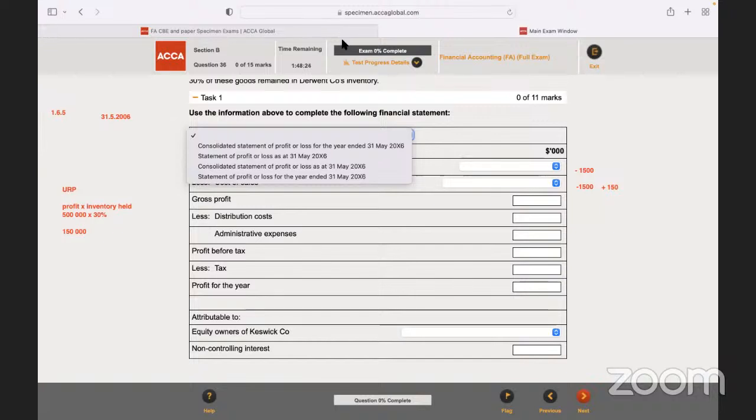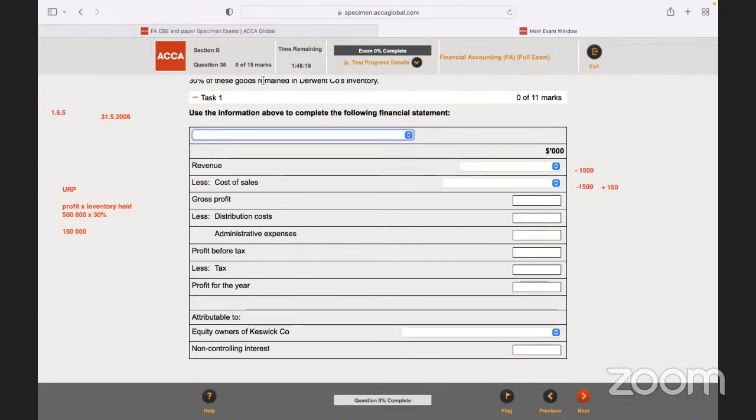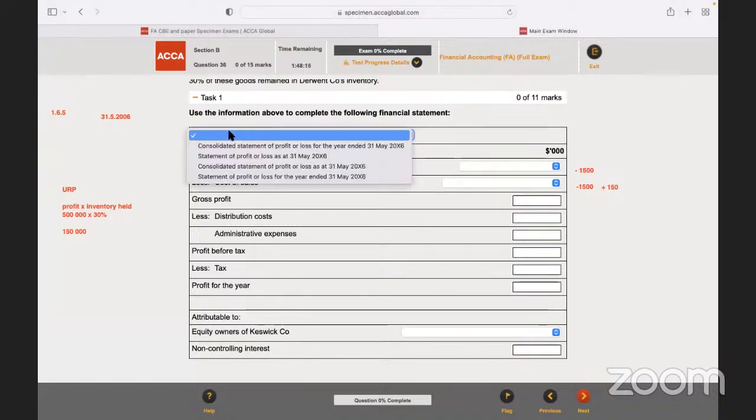So, have you all decided the answer for the first one? Obviously, what are we going to do over here? We are going to do a consolidated income statement, correct or wrong? So we are going to do a consolidated income statement or consolidated profit and loss. Now you should understand profit and loss is always done for the year ended. For the SOFP, we do it as at.